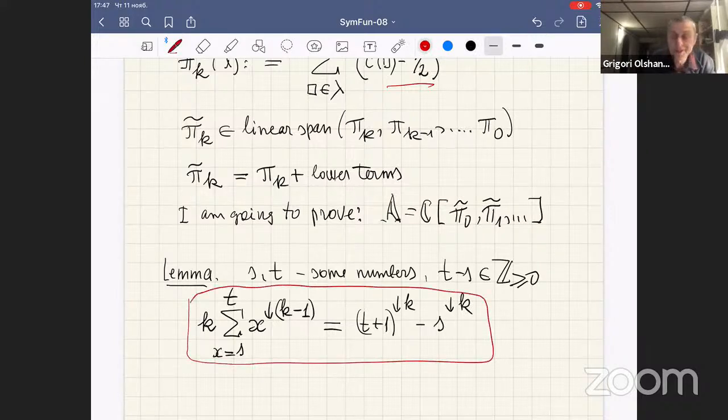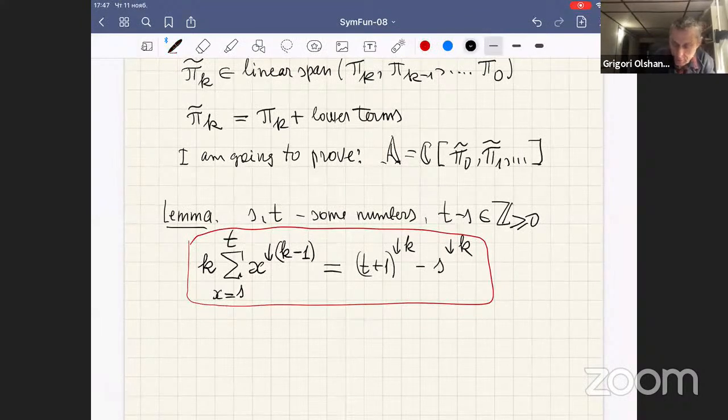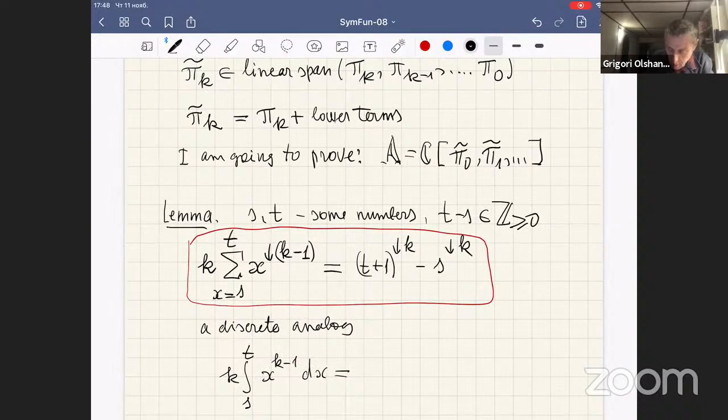This is some difference analog of the Newton-Leibniz integration formula, a discrete analog of the formula: the integral from s to t of k x to k minus 1 dx is equal to t to k minus s to k.